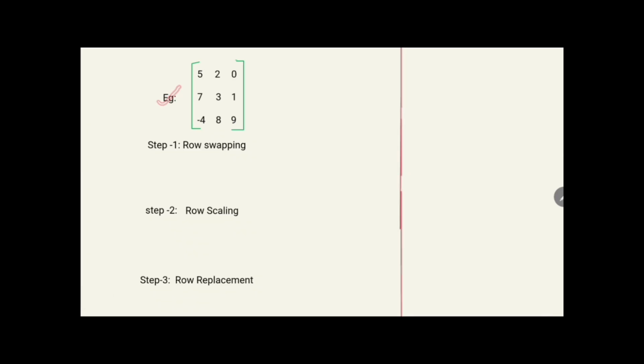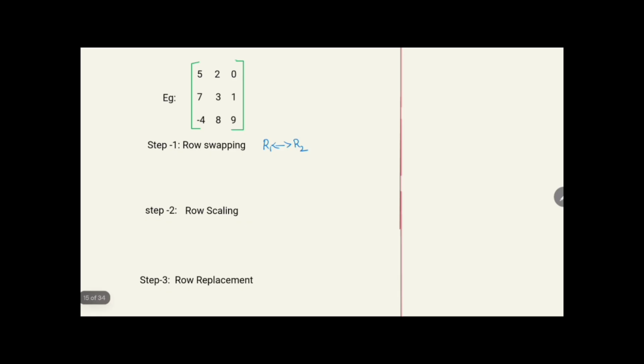Here is the matrix 5 2 0, 7 3 1, minus 4 8 9. The first step is row swapping. I will swap, for example, R1 with R2. You can swap any two rows, that is not a problem. Here I am explaining row elementary transformation with this example.